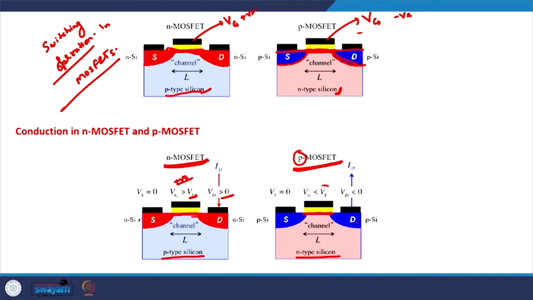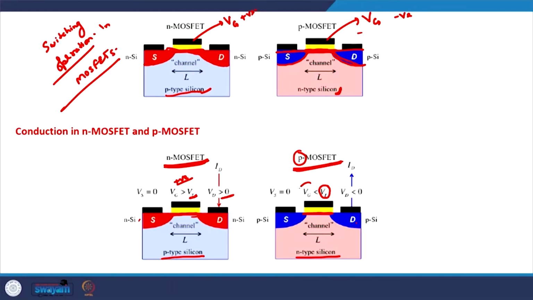The voltage that makes a channel in the body is known as the threshold voltage, and the gate voltage should be below the threshold voltage in the P MOSFET in order to create a channel in the body of the n-type silicon material.